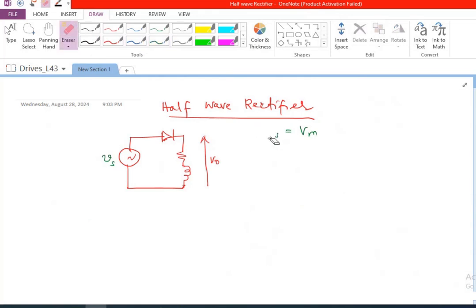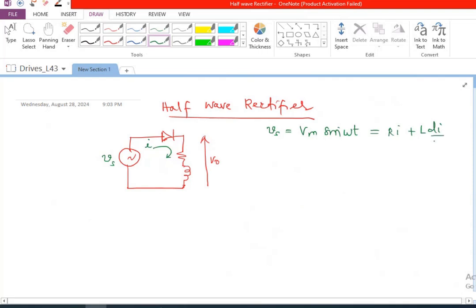So let me write small vs, which is equal to Vm sine omega t. That is going to be equal to, if I say the current that is flowing is i, Ri plus L di by dt. What I'm writing is the Kirchhoff's voltage law equation.